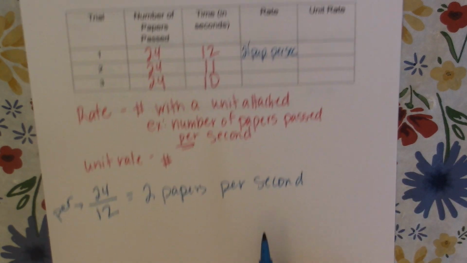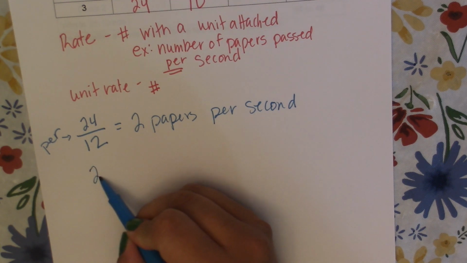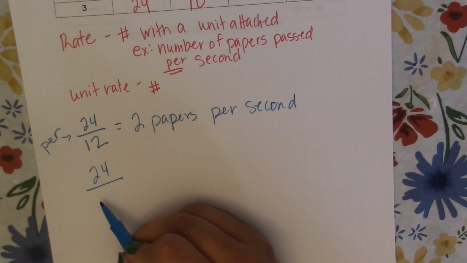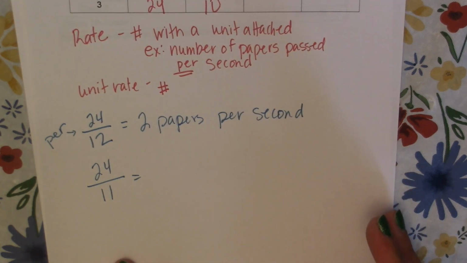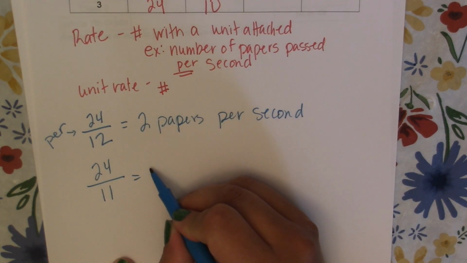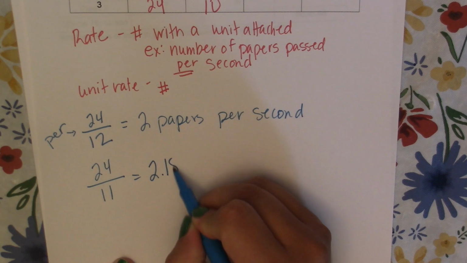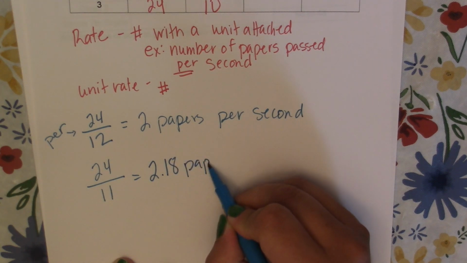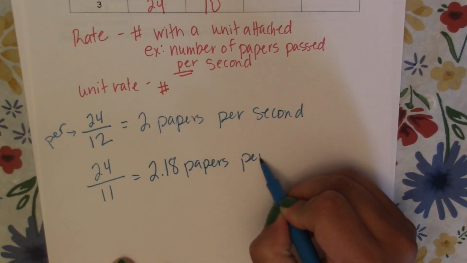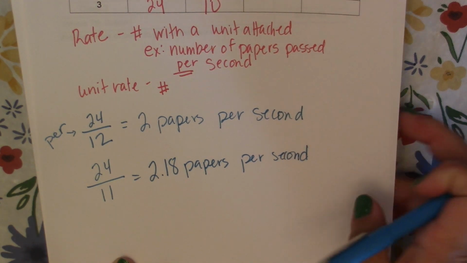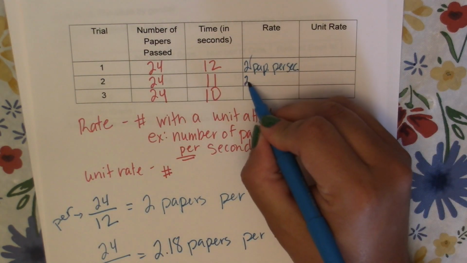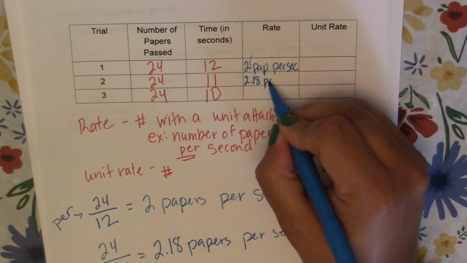All right, let's do trial 2. It was 24 papers passed in 11 seconds. When we simplify this down or divide, we get a decimal, 2.18 papers per second. Going up to the top, 2.18, so we got a little bit faster.